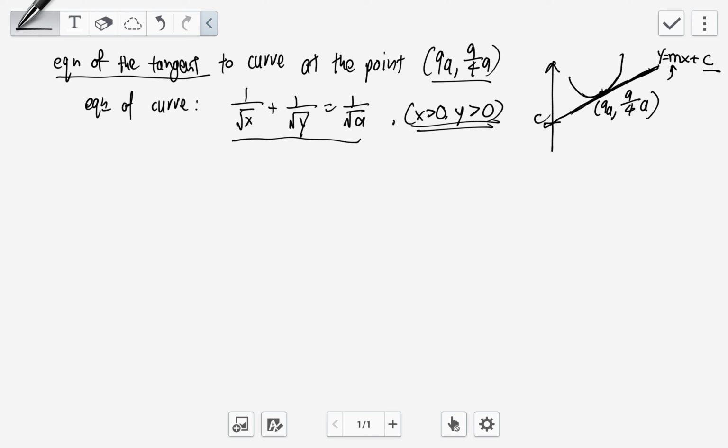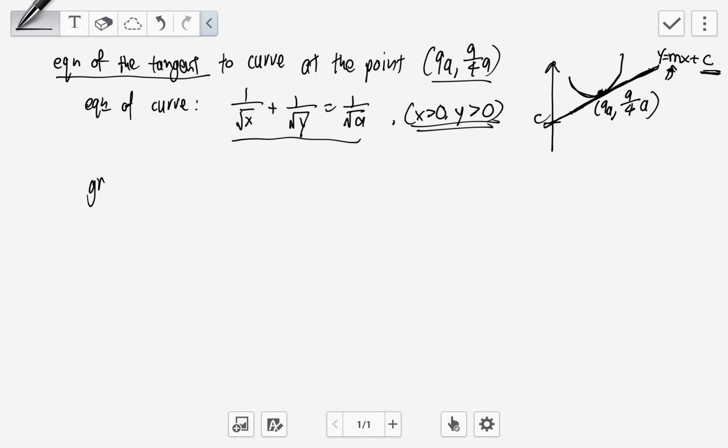So in order to find the equation of a tangent, we will need to find the y-intercept of this tangent line. We also need to find the gradient. How do we find the gradient? Since the gradient of this tangent is the same as the gradient of the curve at that point, we find the gradient of the curve at that point instead.